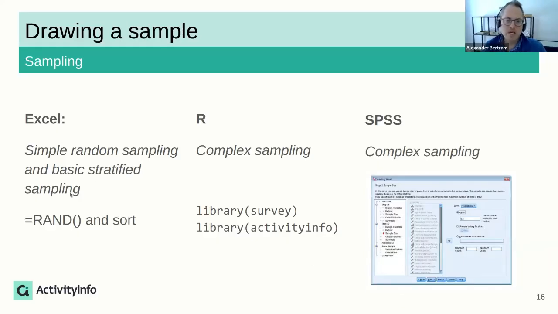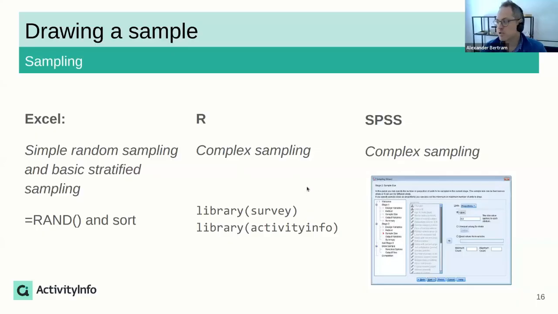So I think in general, you could probably do most types of sampling with Excel if you're creative enough, but Excel is a good tool for simple random sampling, when everybody in our sample has an equal chance of being selected, or some really basic stratified sampling. If you want to do cluster sampling, especially probability proportionate to size, which is a very useful technique, then you're probably going to need to use R or SPSS.